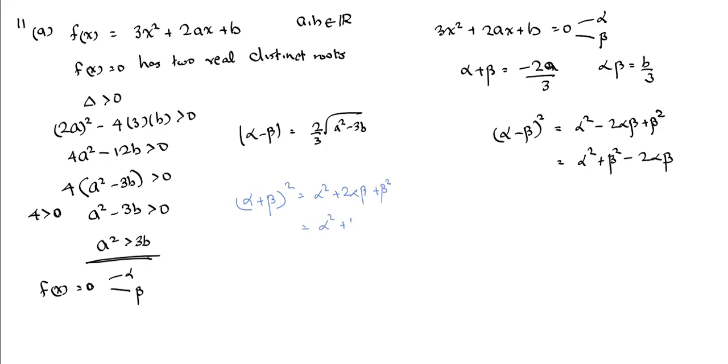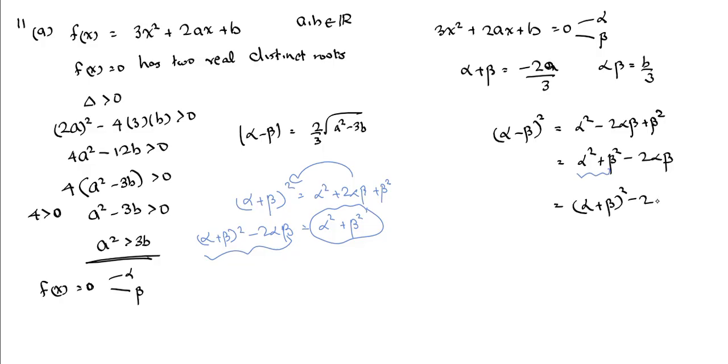Subject alpha squared plus beta squared, this equals alpha plus beta whole thing squared minus 2 alpha beta. You put this to this side. Wherever you have alpha plus beta squared, you can substitute this part. So this equals alpha plus beta whole thing squared minus 2 alpha beta, and here you already have a minus 2 alpha beta. So alpha minus beta whole thing squared is alpha plus beta squared minus 4 alpha beta.